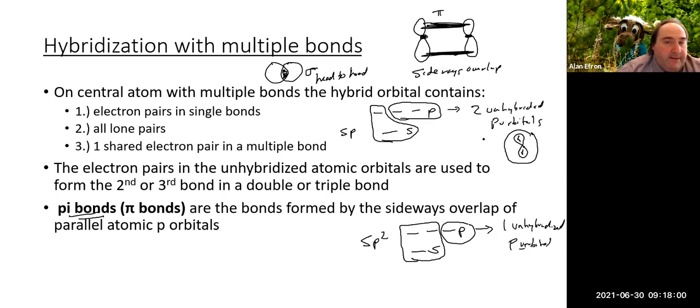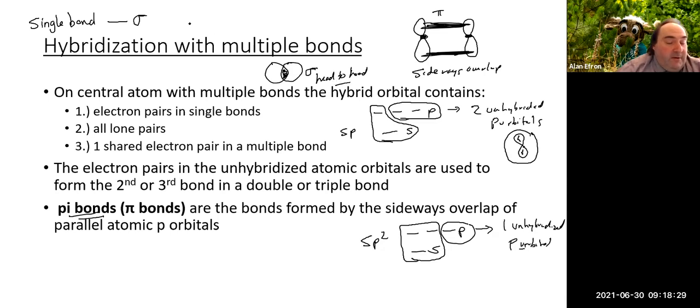Now, what happens when we do a single, double, or triple bond? Well, to very much simplify it, when we think about a single bond and drawing the Lewis structure, we draw a single bond with a line. So the first line that you would draw in your Lewis structure, if it ended up just being a single bond, is most likely going to be a sigma bond, which has head-to-head overlap.